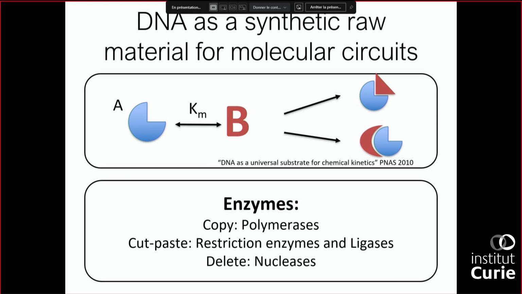But you have other functions, such as cut and paste, for example, with restriction enzymes and ligases. So they can cut pieces of DNA, they can bring pieces of DNA together and paste them again. You have also nucleases that are going to chop a piece of DNA, and you will completely erase the information it contains. So that's a kind of a delete. And you already see that these operations look a bit like the ones that you would have in your computer program, for example.